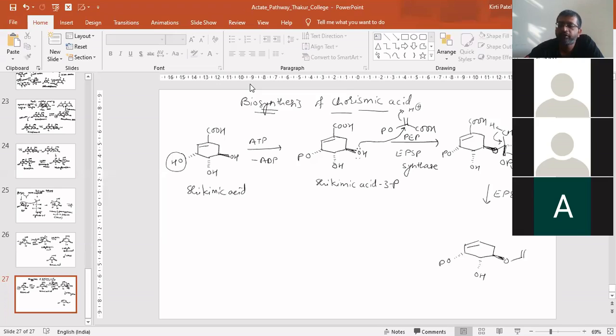Again we will have a double bond here and a COOH group over here, and here a COOH. This we call EPSP. EPSP means 3-enol pyruvyl shikimic acid 5-phosphate.